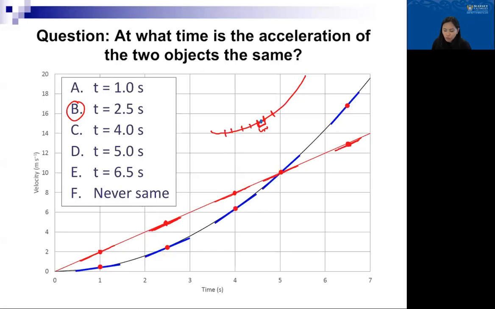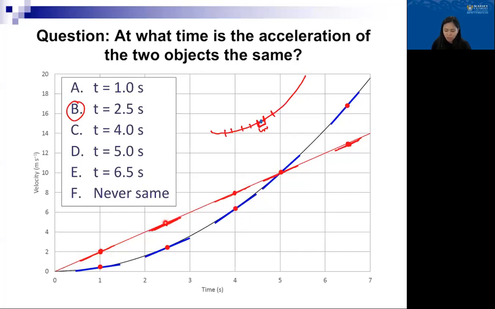The other thing you'll notice is the tangent lines for the red motion, the motion plotted by the red graph. You can see that if your graph is a straight line, the tangent is the line itself. Okay? So at this point, if you draw the tangent at 1 second here, you'll see that the tangent actually overlaps with the straight line itself.